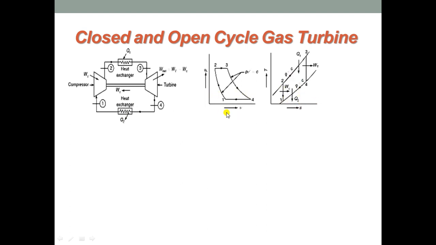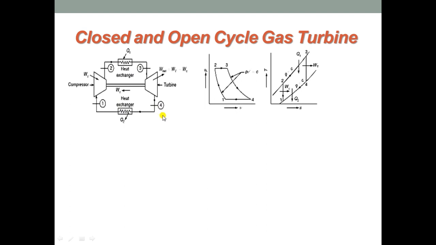The low temperature, low pressure fluid from the cooler is then passed to the compressor for the next cycle to take place. Since the working fluid is circulated again and again, this type of turbine is called closed cycle gas turbine.